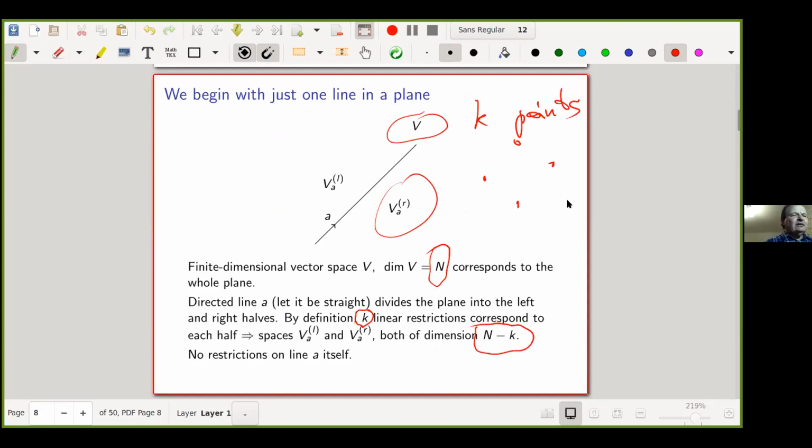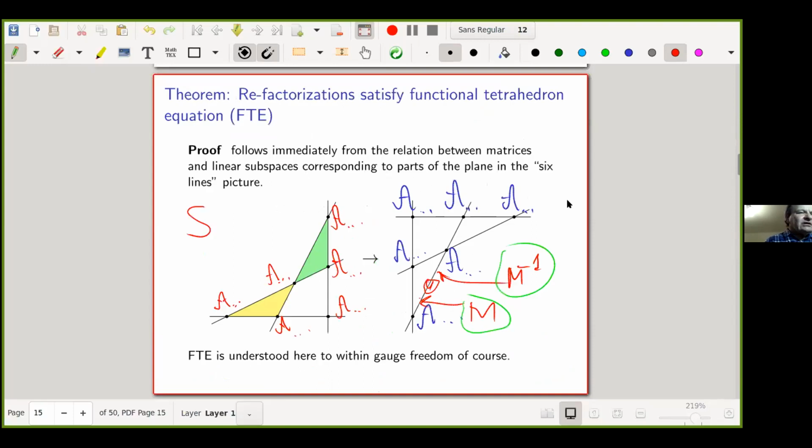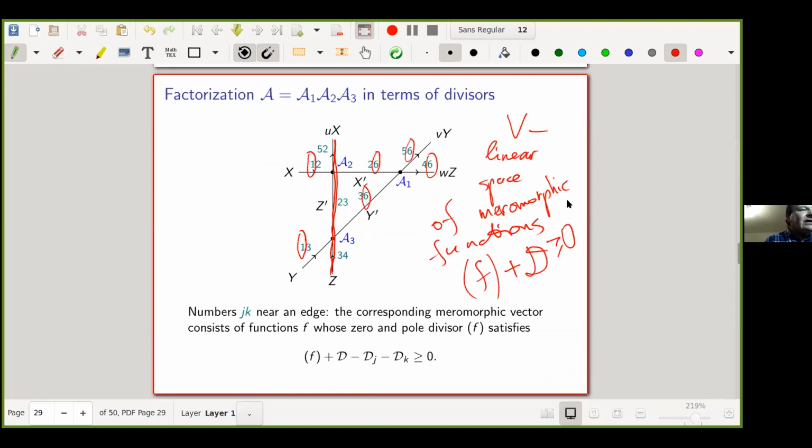A line gives you some restrictions to the right of it and some restrictions to the left of it. And two lines, each of them gives restrictions to the left and to the right. So this picture about divisors is about the same thing.